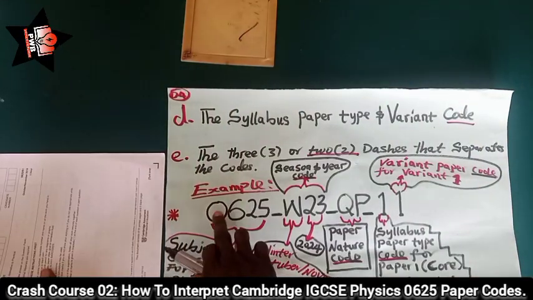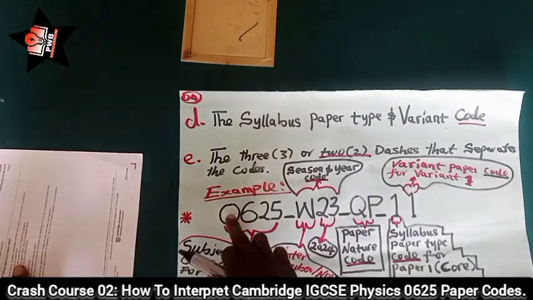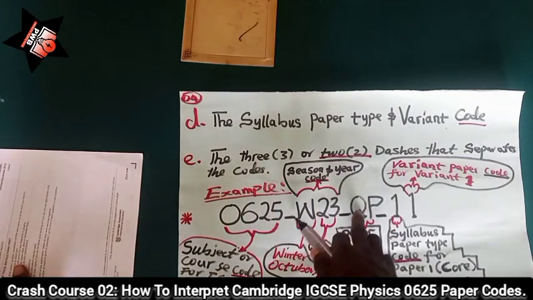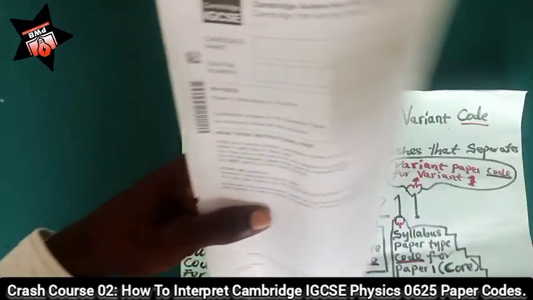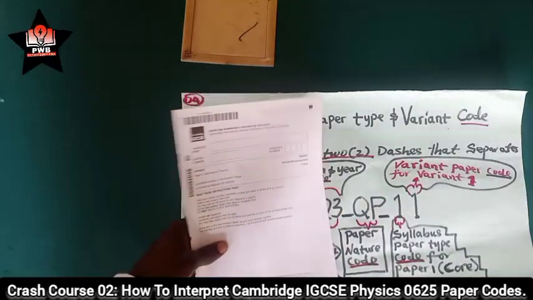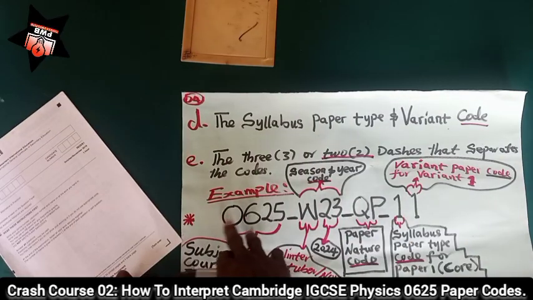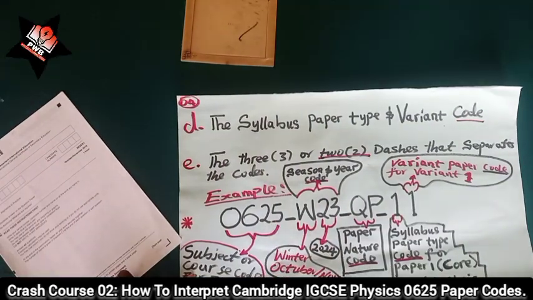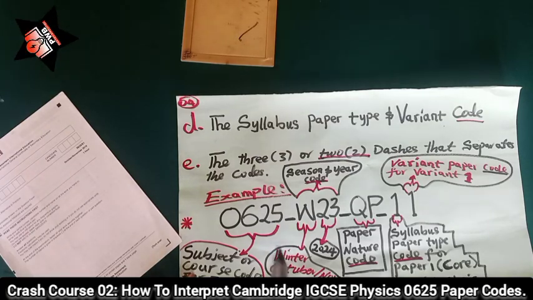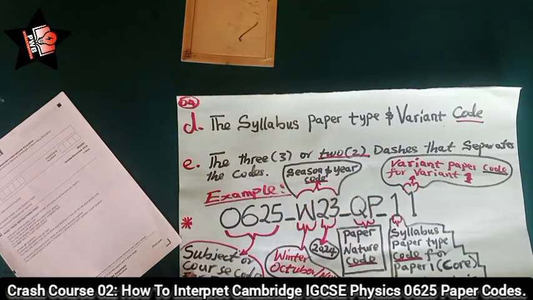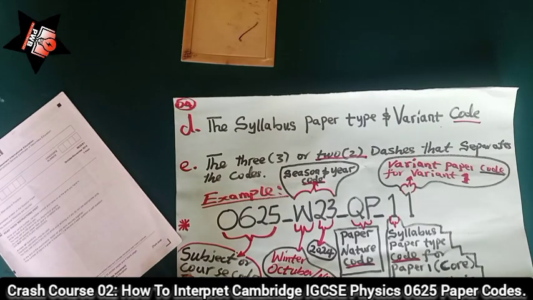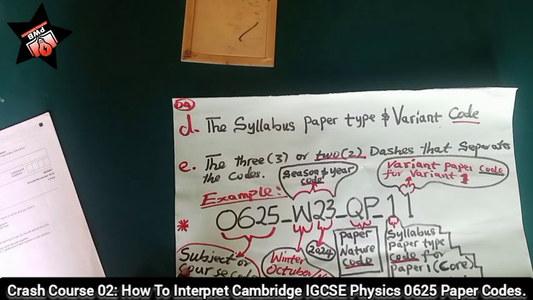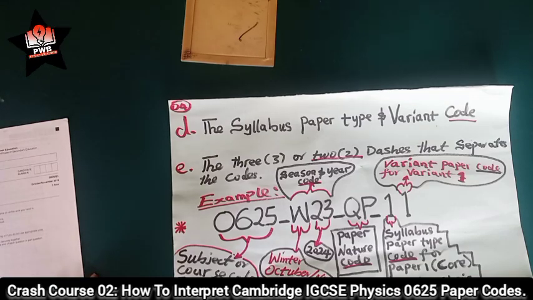You can only see it when you are browsing. They use this paper code to save as file names. If you are searching for any resource materials on the internet, this is what you will see. And I seriously want to make you an independent learner, a learner that can stand on his or her own to study without the teacher. That is what I want you to become.